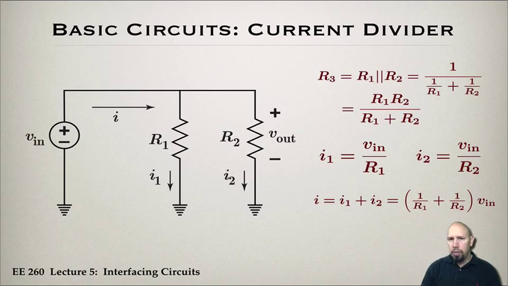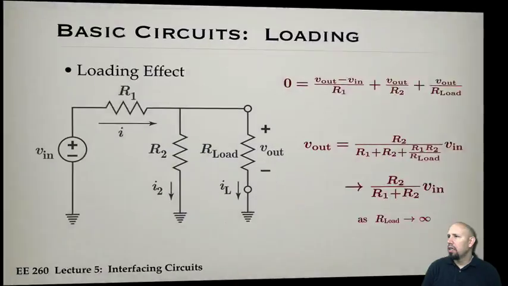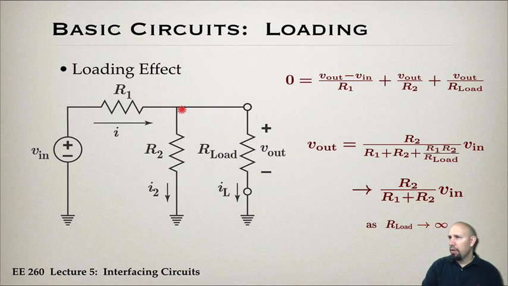Now, if we return to the voltage divider and look at it this way, we have this voltage divider here, but now we've added an extra resistance over here. So now these two are in parallel. It's kind of like a combination of current divider and voltage divider. If this resistance were not there, we would simply have the voltage divider we had before. Now we have this. What is this?